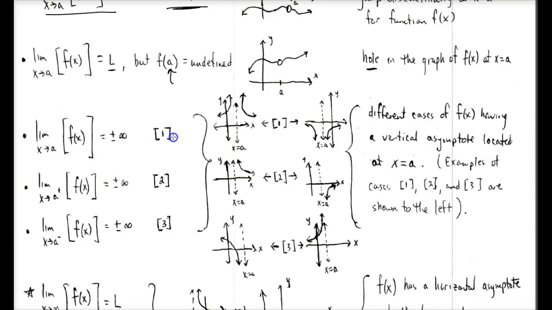Now, 1, 2, and 3 are just here to give you all the different scenarios you could possibly have. So this first one is a scenario where you take the limit of a function as x approaches a from both the left and the right, and the function goes towards positive infinity.